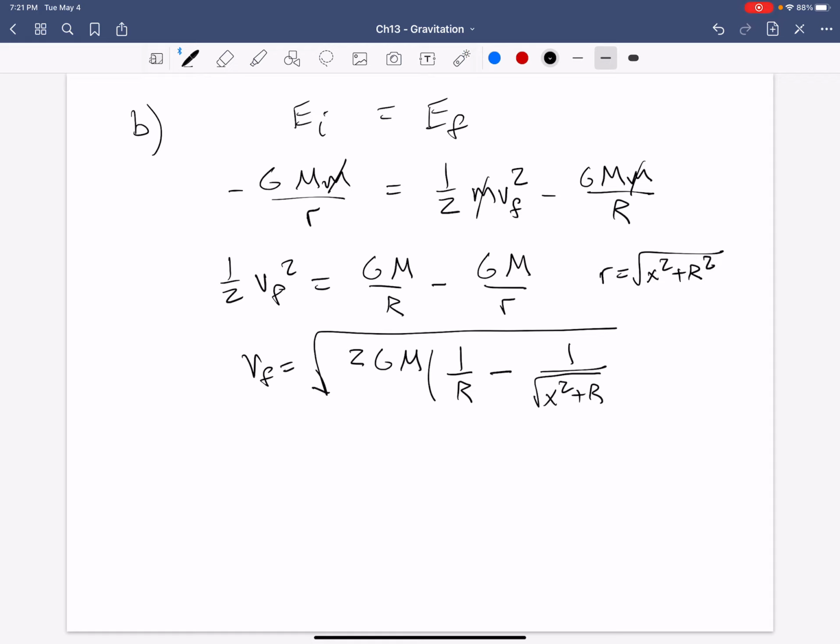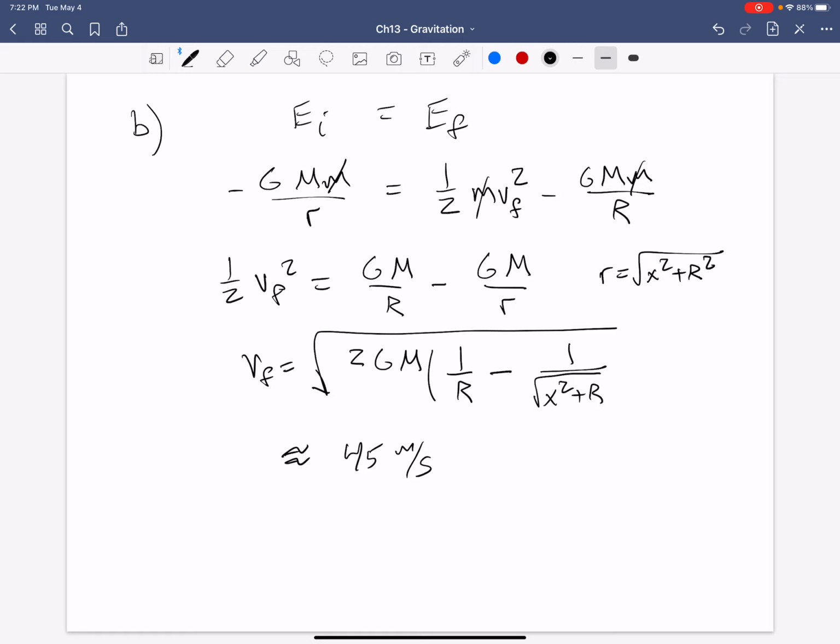This will give us a final speed of approximately 45 meters per second or so, depending upon how you round.